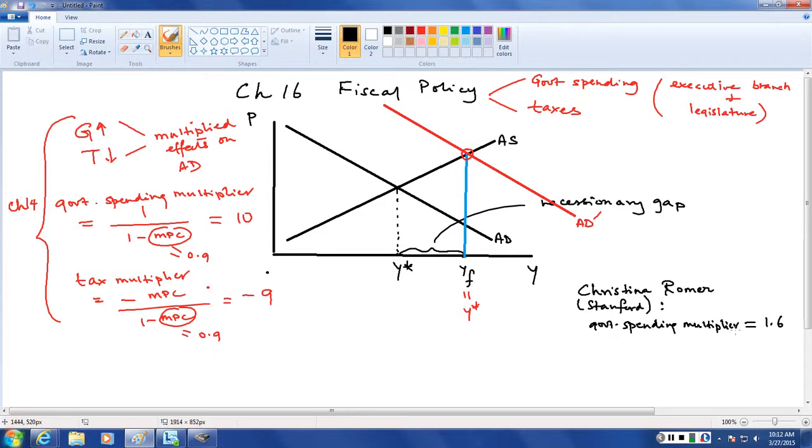Now, what does that 1.6 mean? How would you interpret that 1.6? Could you give me a sentence that uses that 1.6 to explain its meaning to me? According to Christina Romer, what would happen if the government raised its spending by $1?